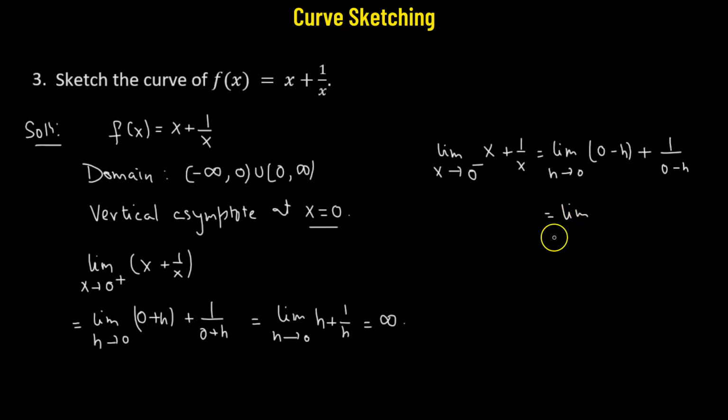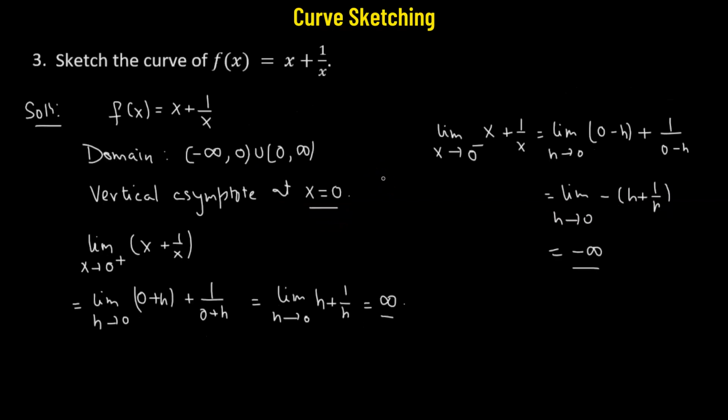So this is the limit as h approaches 0 of negative h plus 1 over h, which is negative infinity. So when we approach 0 from the left hand side, the function blows up to negative infinity, and when you approach 0 from the right hand side, it blows up to positive infinity. So this is one nature of the graph near the vertical asymptote x equals 0.